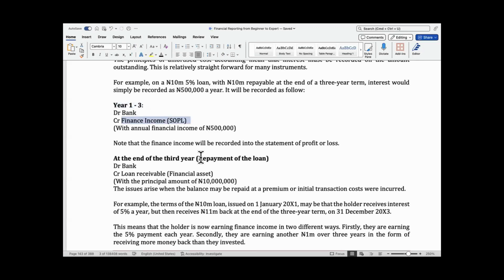And at the end of the 3rd year, they will pay back our loan. There will be repayment of the loan. We'll simply debit bank and credit loan receivable, or you credit financial assets with the 10 million, because we're going to get back our 10 million.